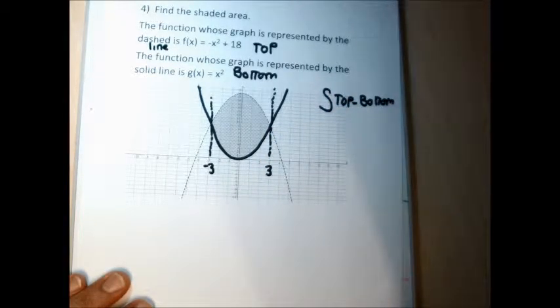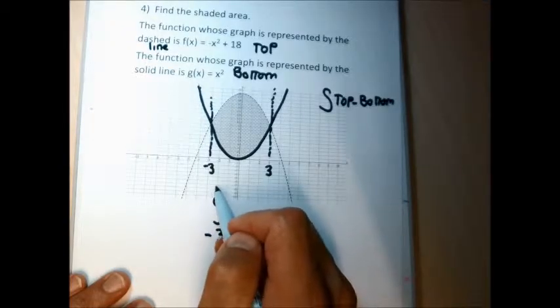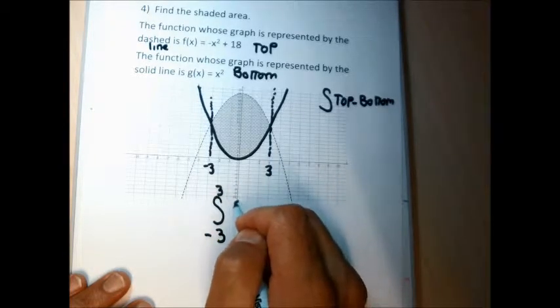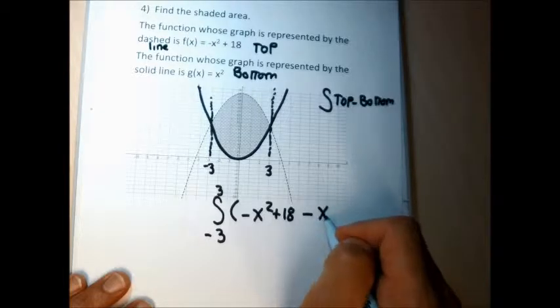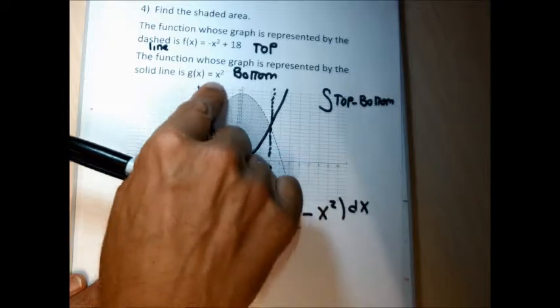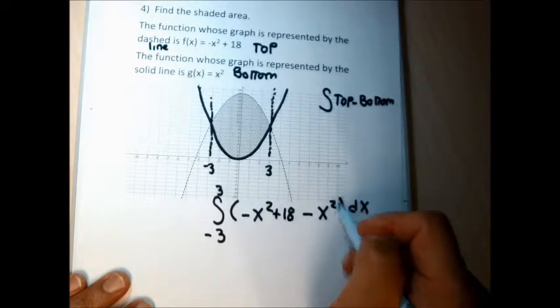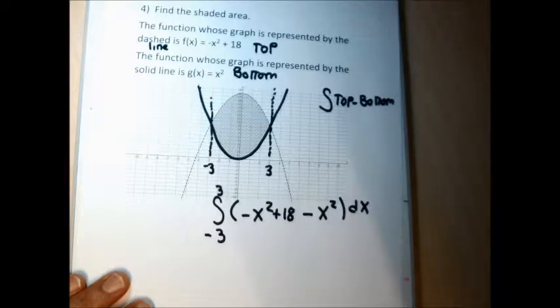So to find this shaded area, I'm going to integrate from negative 3 to 3 the top function, negative x squared plus 18, minus the bottom function, minus x squared dx. Because the bottom function was just a monomial, it doesn't have to go in parentheses. If you put the x squared in parentheses, you'd wind up just getting a negative x squared anyways.